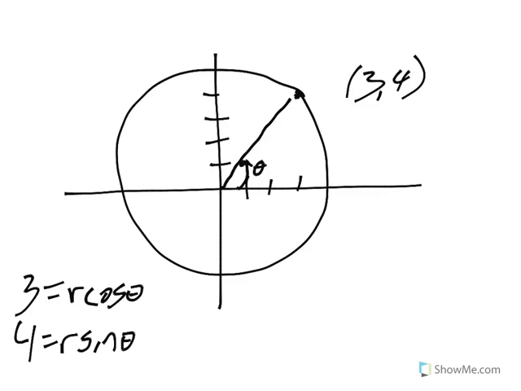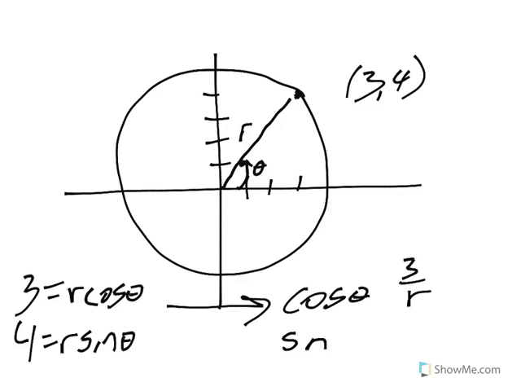Okay, I still don't know r, but I've got an expression for the cosine theta. If I just divide by r, the cosine theta is 3 over r, and sine theta is 4 over r.